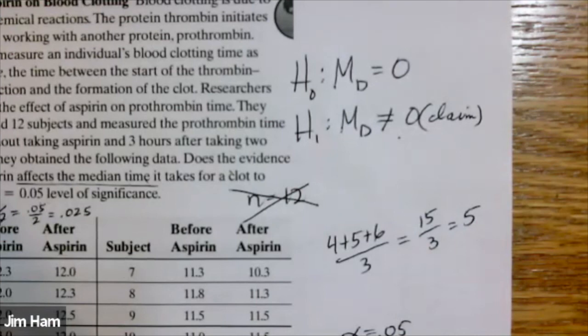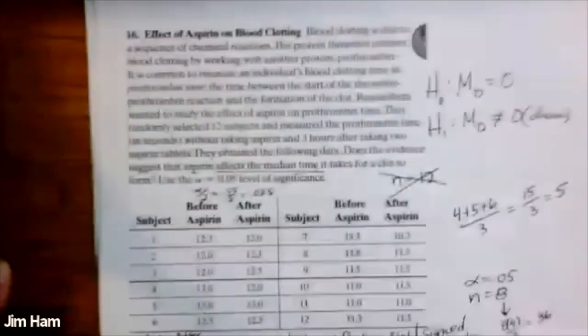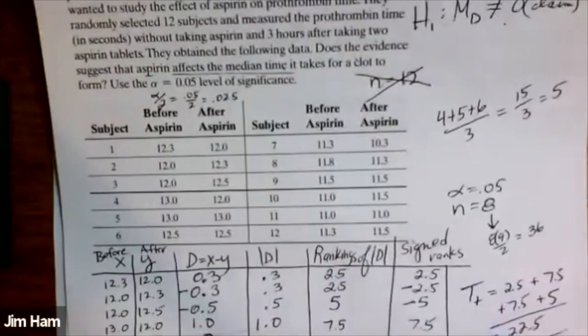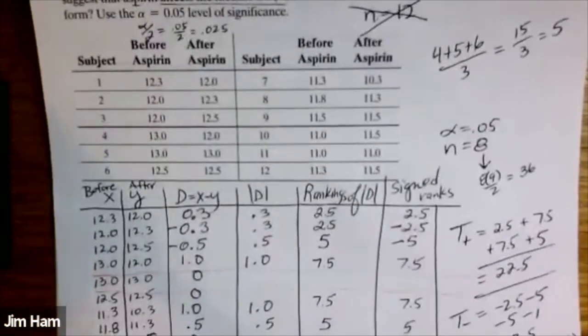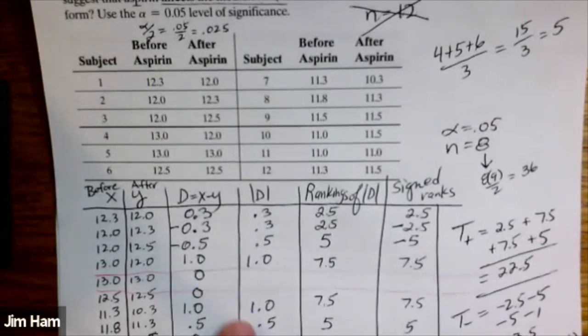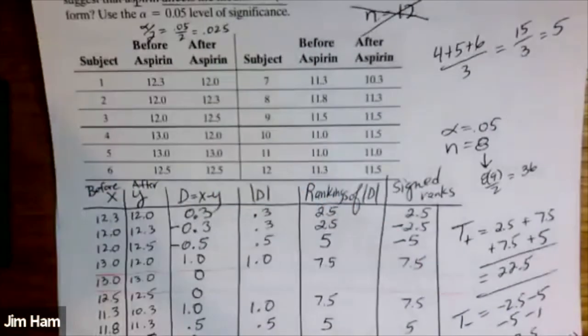Now, aspirin may have other benefits, but if your goal is to thin out the blood so it doesn't clot as much, it doesn't look like aspirin does it in this case. Okay, so here are 2 problems, and I think we've done problems that would address all of the subtleties, where you get a 0 difference and a two-tailed test versus a one-tailed test, and how you read the table and so on.